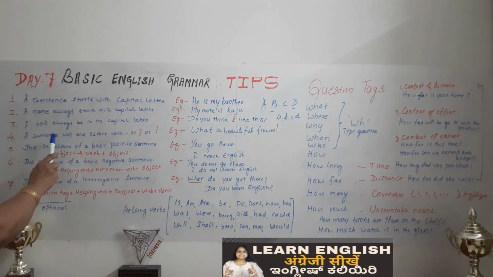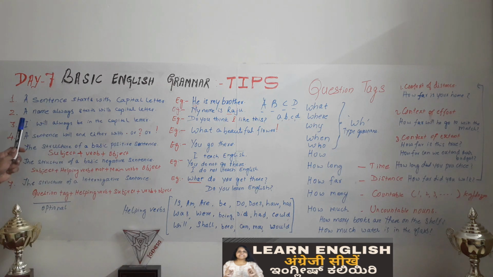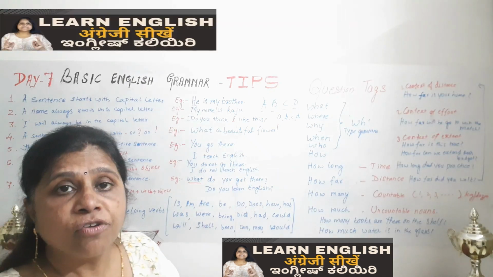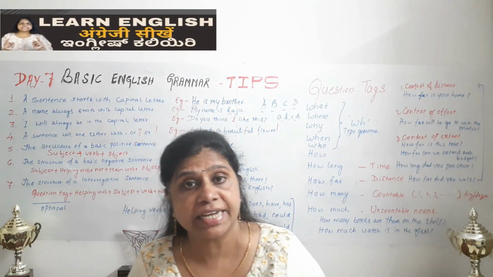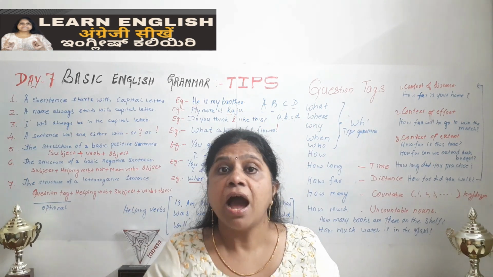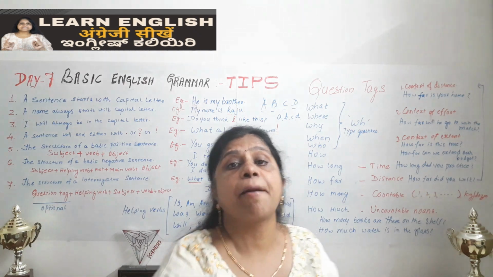Always means anytime, right? Just as we saw a name always starts with a capital letter, even the I will always be in capital letters. Either it may be at the beginning of the sentence or in the middle or wherever it is, the letter I should always be a capital letter.